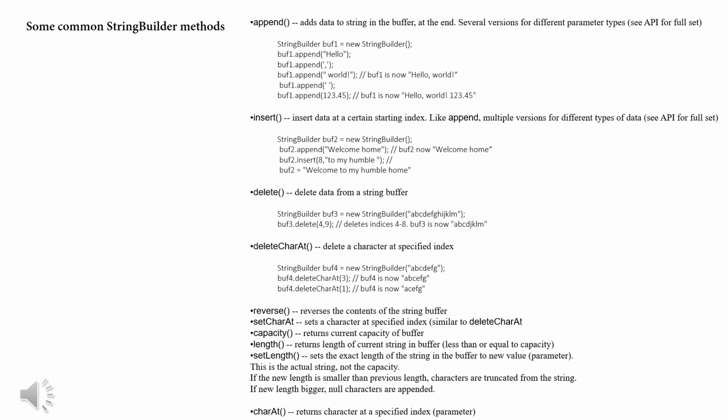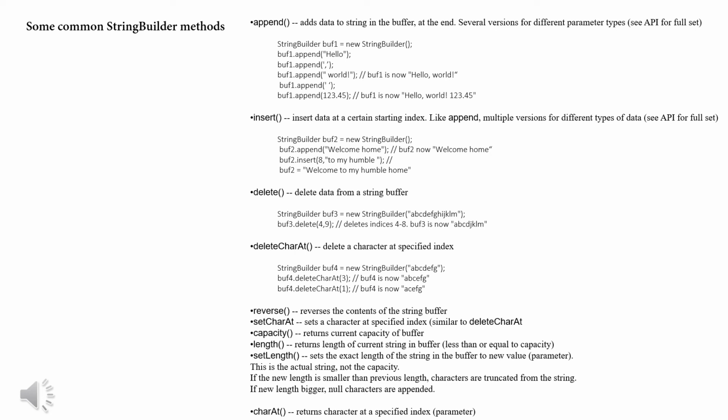If you want to, for example, set a special character at a special position or index, you can use the setCharAt method. If you want to have the capacity of the buffer, you can use the capacity method.